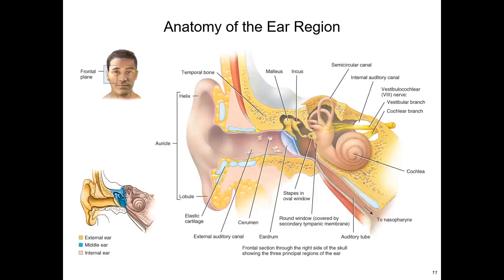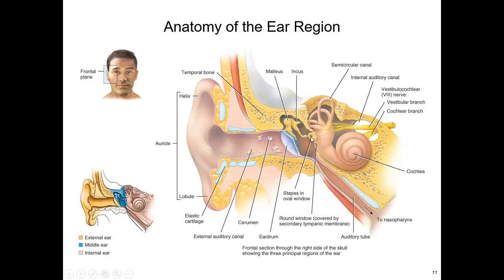So when you look at this image, this looks very, very similar to the ear models in the lab. And we can start by just naming the regions here. From the auricle to the eardrum, this is what we call the external ear region. You see a nice view of the middle ear.